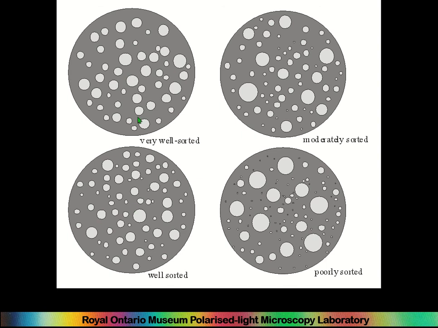It often relates to the maturity of sediment. A mature sediment tends to be very well sorted, and an immature sediment tends to be very poorly sorted. So it's quite useful to be able to describe how well sorted the inclusions you're looking at are.